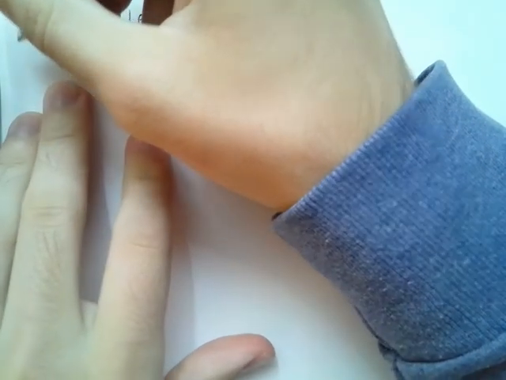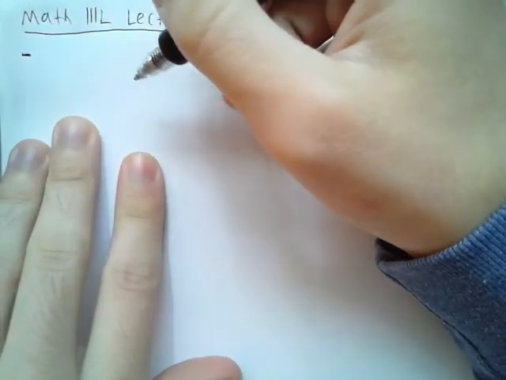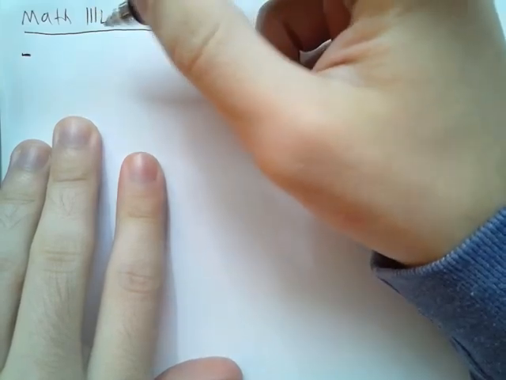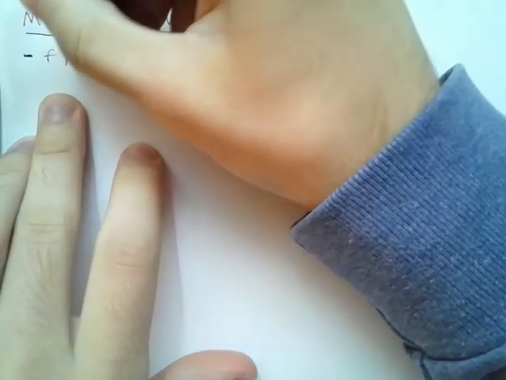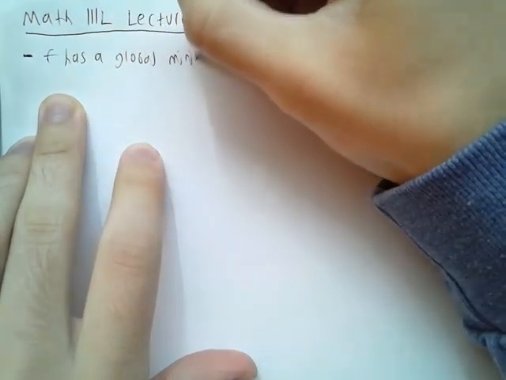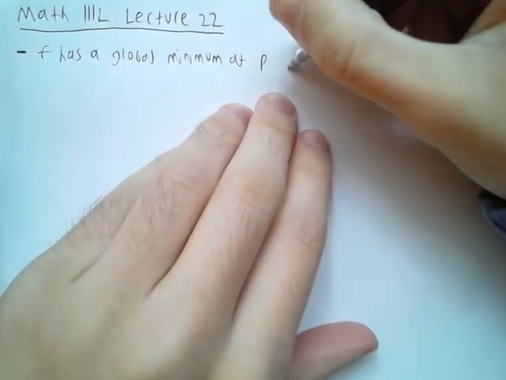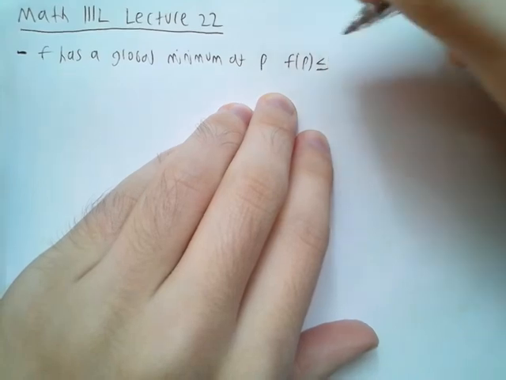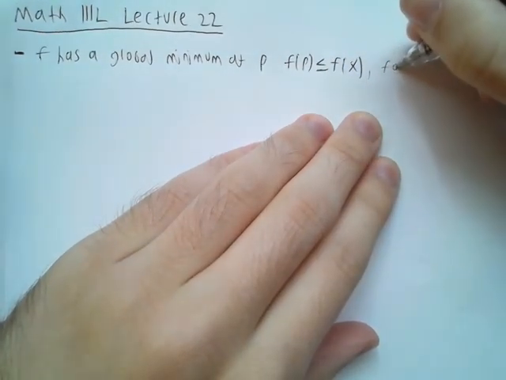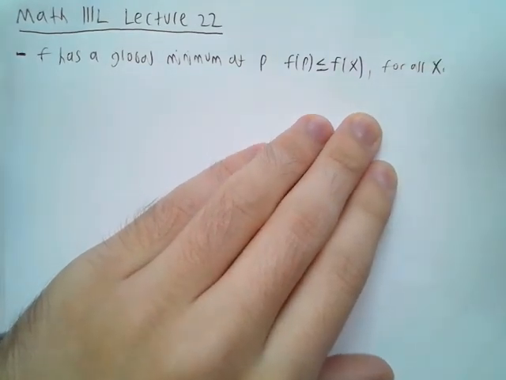So the difference is that for a local minimum the function value just had to be smaller than the function values at nearby points. For a global minimum, it has to be the case that the function value at that point is less than or equal to the function values for all x, not just nearby points.